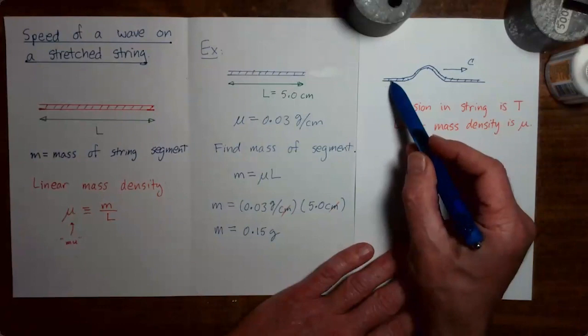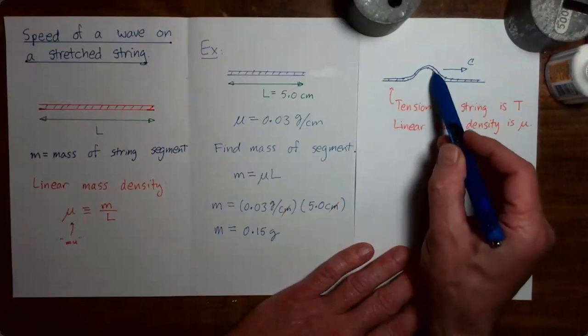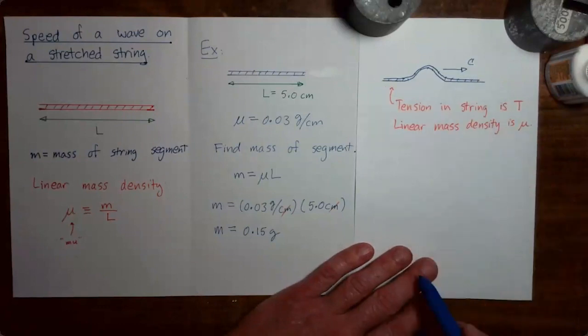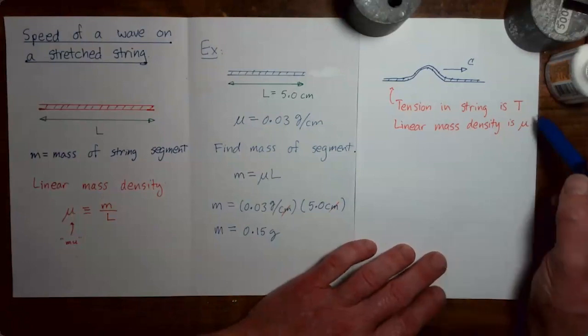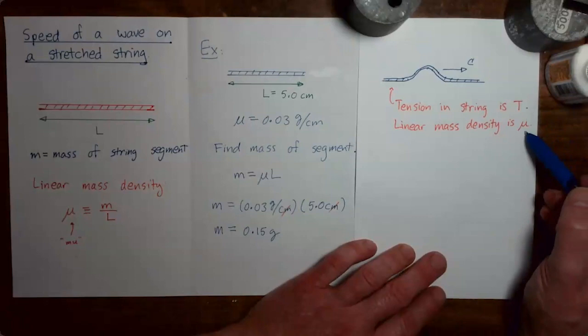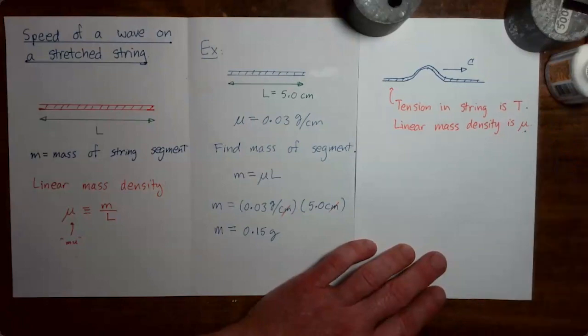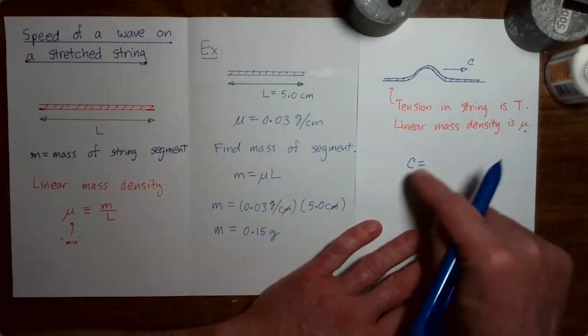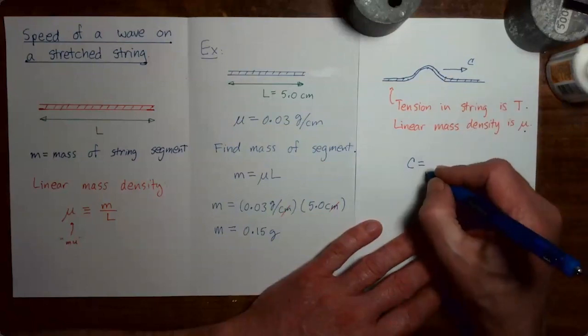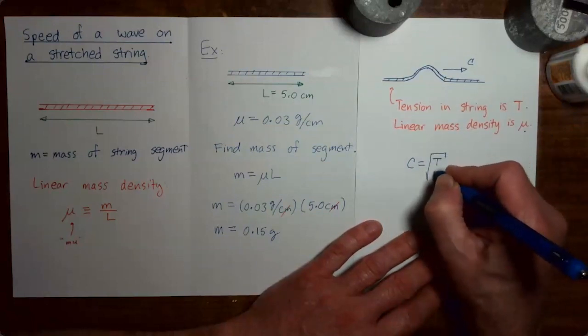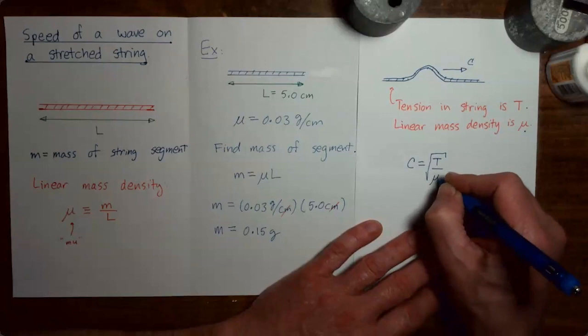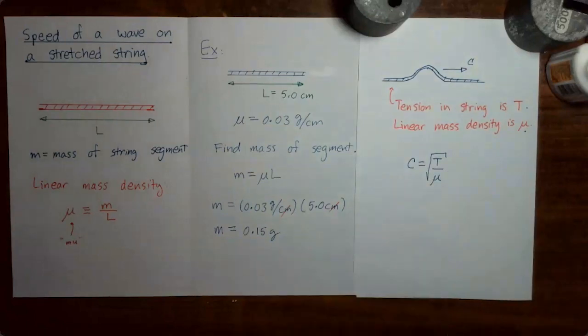Let's say this is a string, and there is a little wave disturbance propagating down the string at speed c. Let's say that the tension in the string is capital T, the linear mass density is mu. Then the speed at which that wave propagates down the string is the square root of the tension in the string divided by the linear mass density.